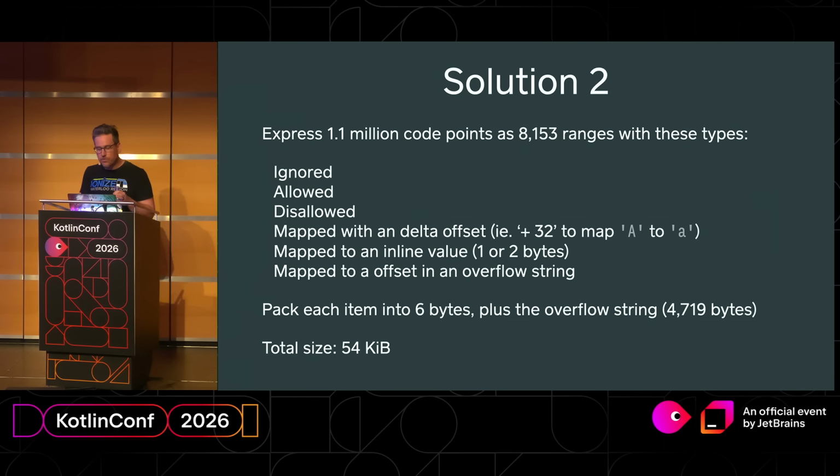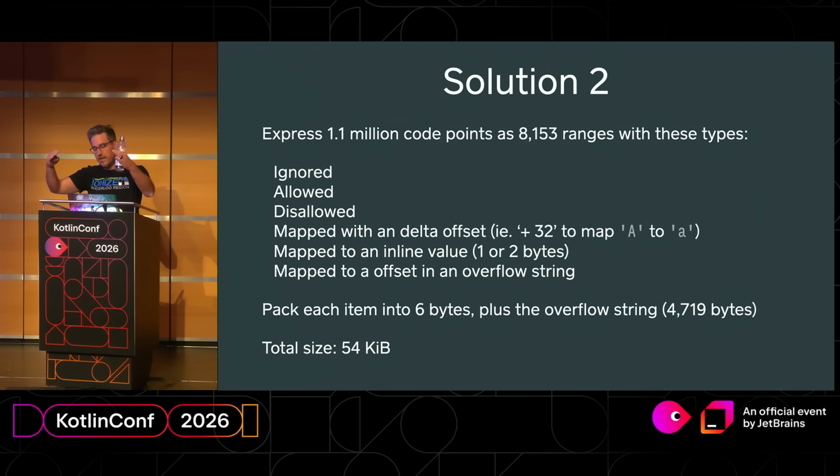So our second solution is we take the code points and then we map them into 6 buckets: allowed, ignored, disallowed, and then we either map it with a delta offset, we map it to a specific value, or we say the value this maps to is like 6 characters long, so put that in an overflow string. And with that strategy, we can pack each range of characters into 6 bytes, and we get a 54 kilobyte database.